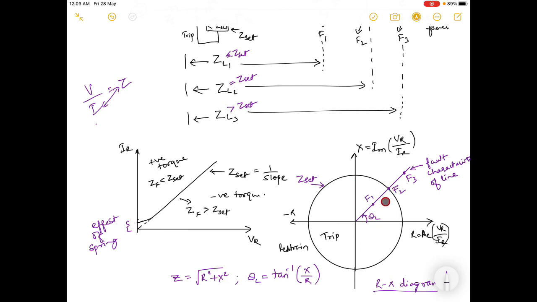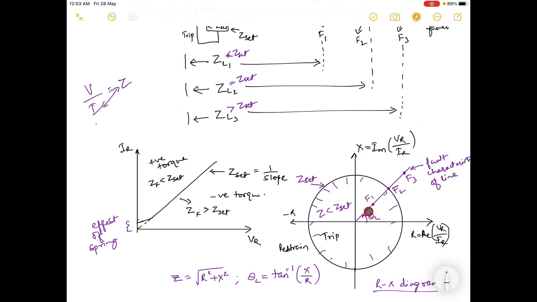Wherever the impedance is less, inside the circle, trip will happen. Means Z is less than Z set, correct? Z set is this point, so it is less than that. So if the Z measured is within this, there is a trip.